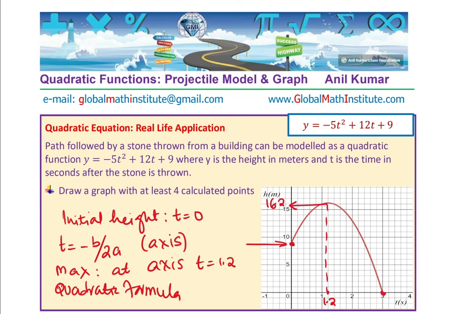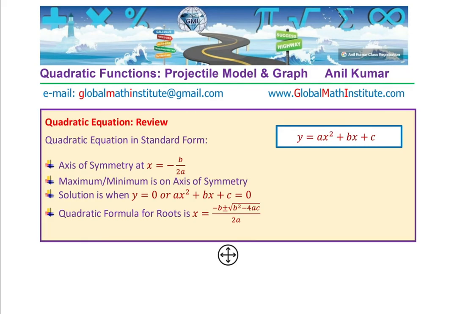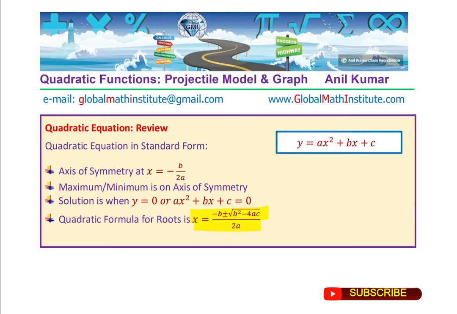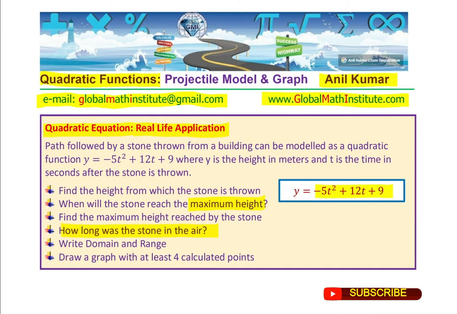Perfect, and got the result. So once again, the quadratic formula is here for you, which is x equals minus b plus or minus square root of b squared minus 4ac, over 2a. And that gives you the zeros. And that is how we were in a position to answer all the parts of the given question.